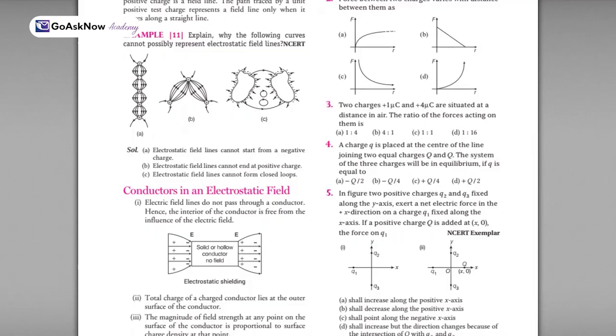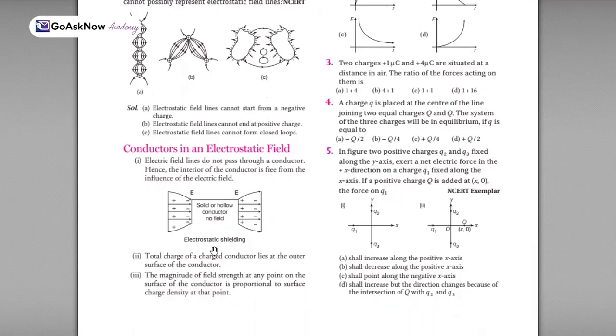So the net electric field inside a conductor will become zero. So that point is clear, why electric field does not pass into the conductor: because the net electric field due to the shielding effect becomes zero inside a conductor. We will see that later. It is called electrostatic shielding, as given in your book.